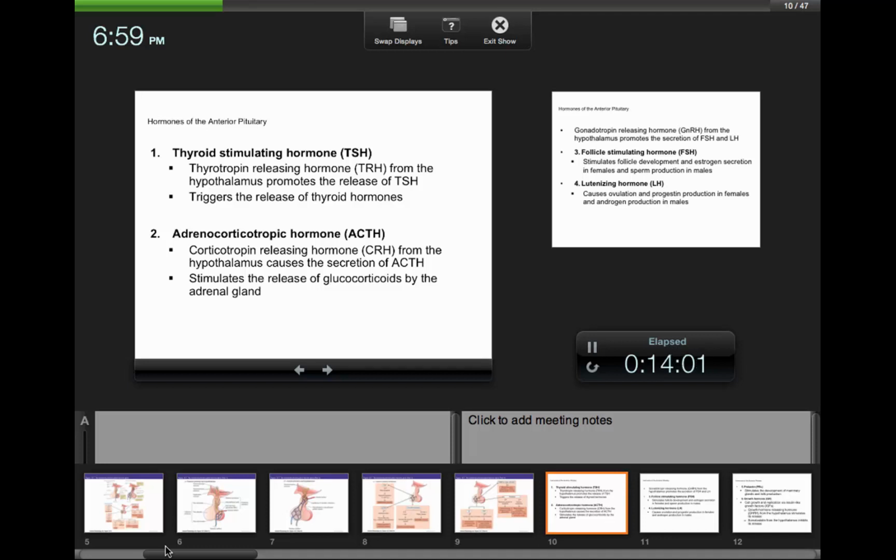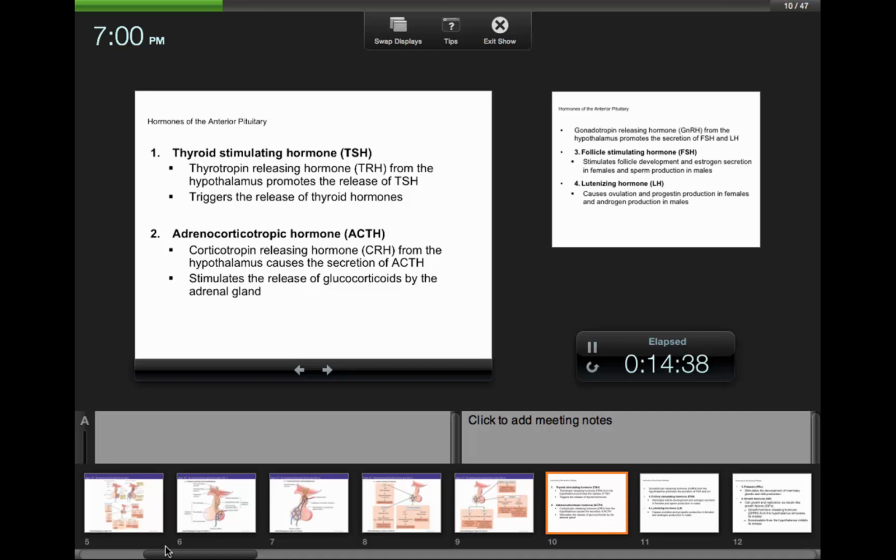And for prolactin, it's prolactin releasing hormone. Okay, so let's go to the growth hormone first. Growth hormone releasing hormone is released from the hypothalamus, travels to the anterior pituitary, where it releases growth hormone.